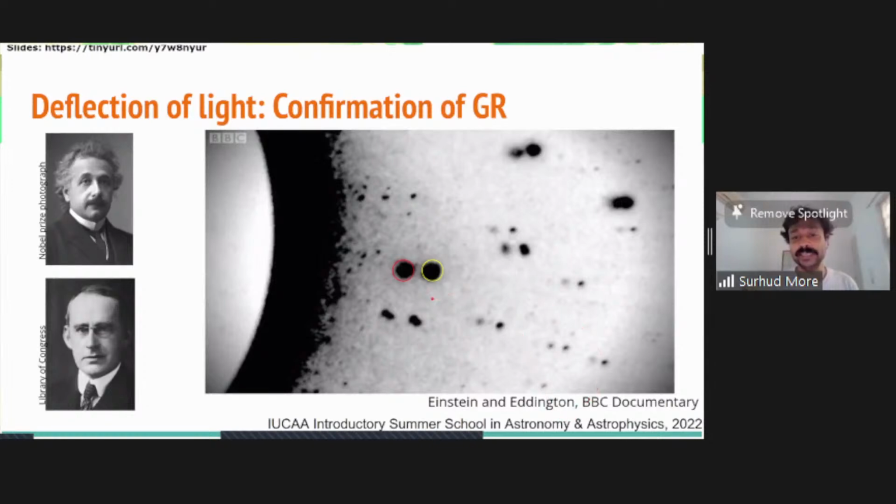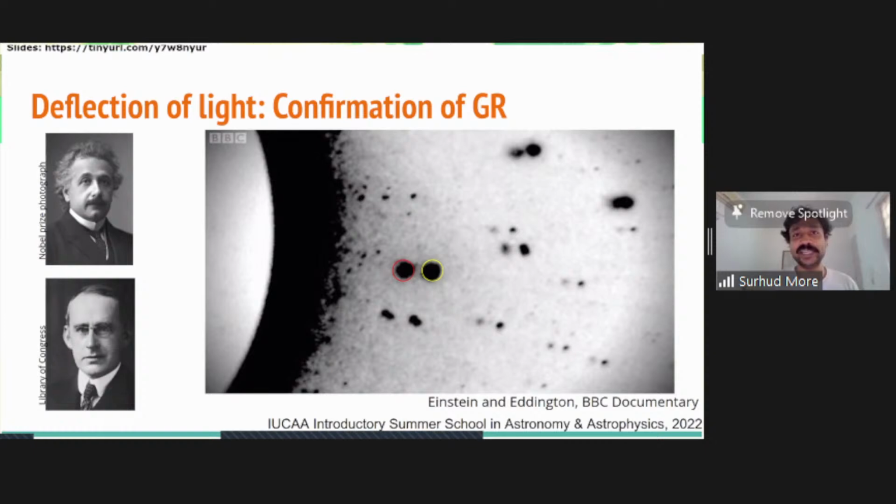You can also see that the difference between these two images is larger when you are closer to the sun than when you are further away. And so this shows that the deflection angle should be smaller as you go further and further, right? In accordance with the formula that Einstein had.